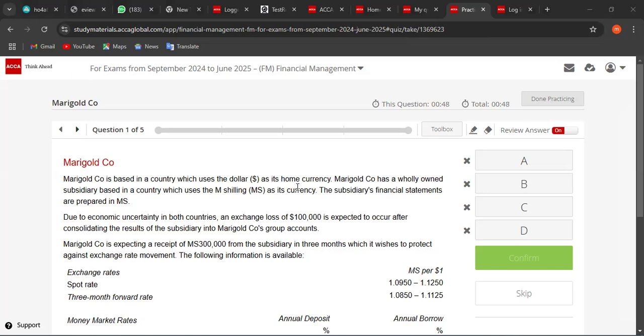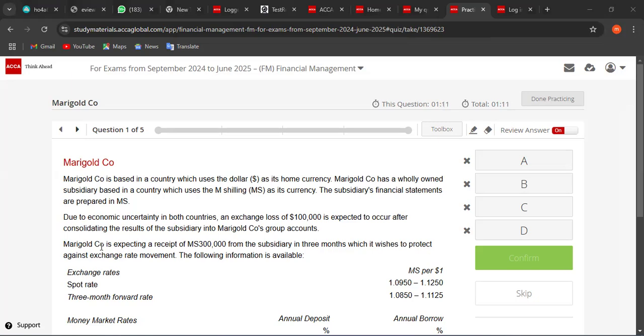So now the subsidiary is there. The home currency is the dollar and the foreign currency is the M shillings. Due to economic uncertainty in both countries, an exchange loss is expected to occur after consolidating the results of the subsidiary into the group accounts. So if there is an exchange loss, definitely this company will be facing translation risk as well.